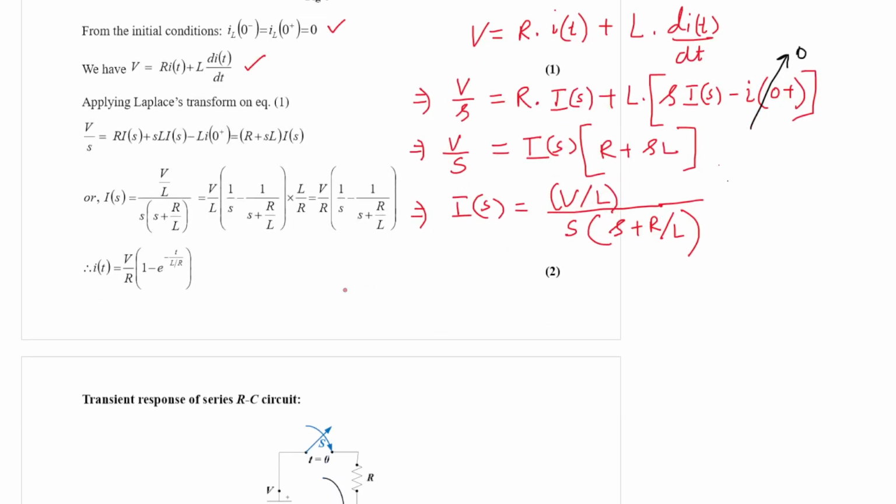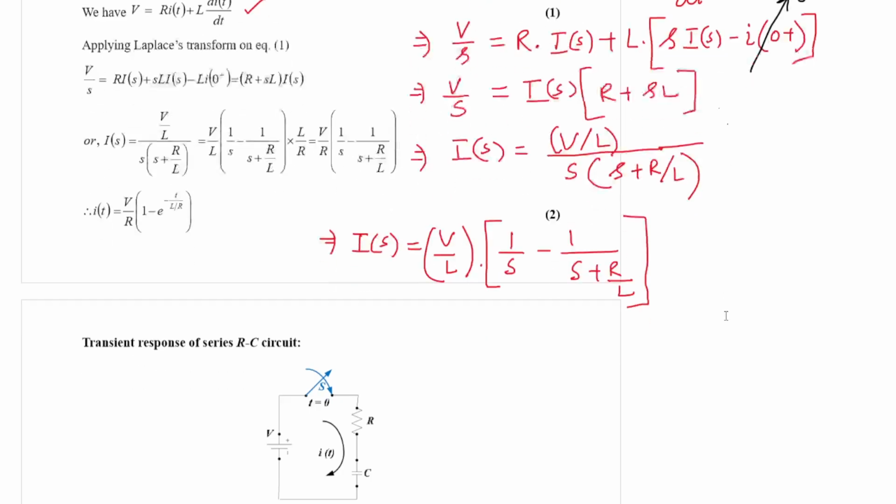Now, if I(s) is like this, V by L is constant, so we should not disturb this. This term can be written as 1 by S minus 1 by S plus R by L. So let us check.